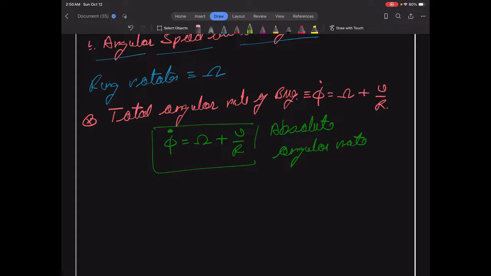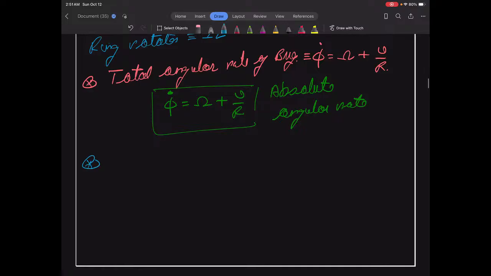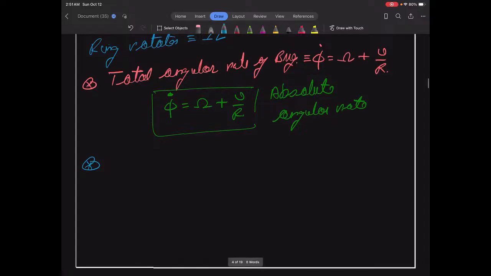And next we come to the moment of inertia. First of all, we are going to find the ring's moment of inertia about the pivot point.